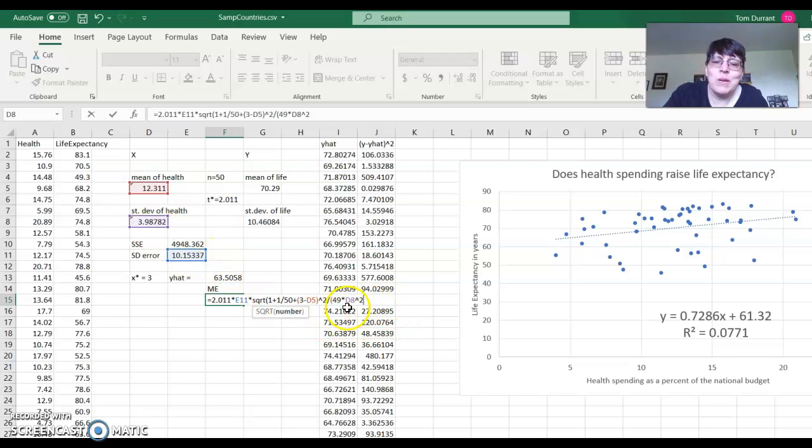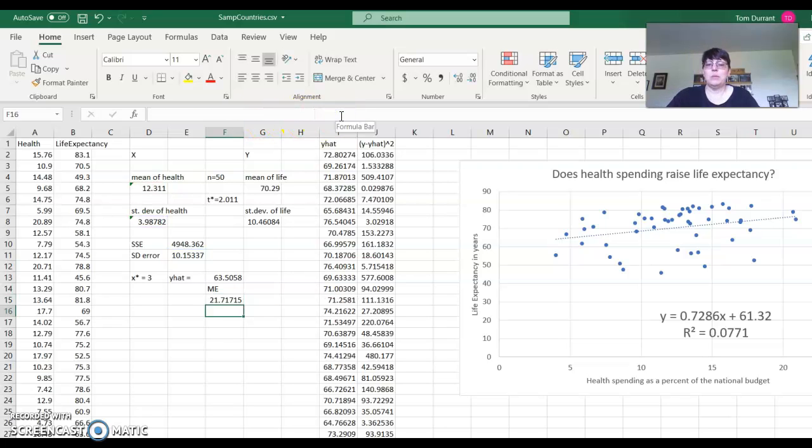I'm writing over down here, but you can see it up here. So that was t star, standard deviation of error, times the square root of 1 plus 1 over n plus x star minus x bar squared divided by n minus 1, 49 times the standard deviation of x squared, and then I need another parenthesis to match up with the square root.